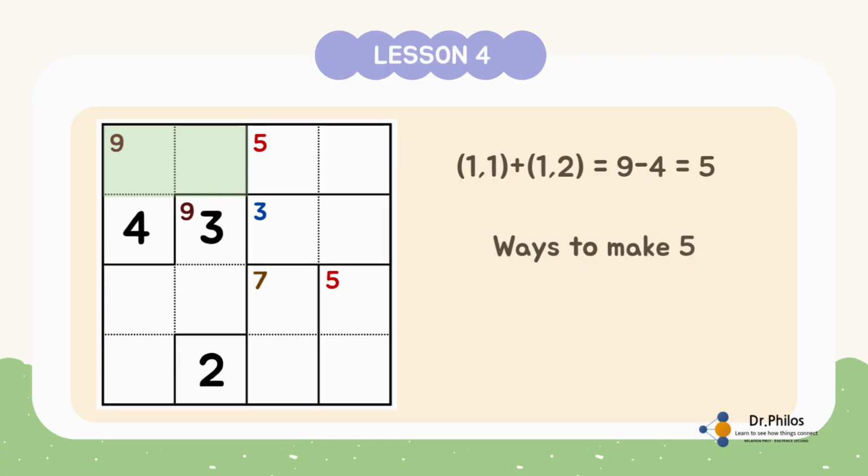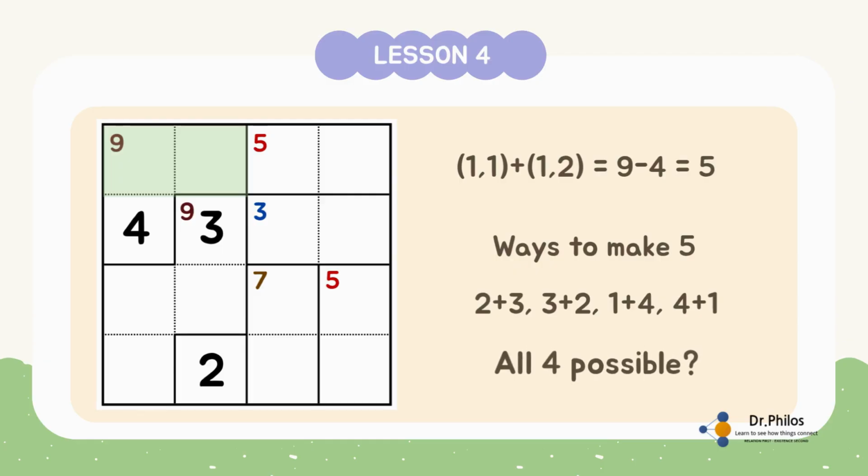There are too many ways to make 5. There are 4 ways: 2 plus 3, 3 plus 2, 1 plus 4, and 4 plus 1. Are all 4 of them possible?